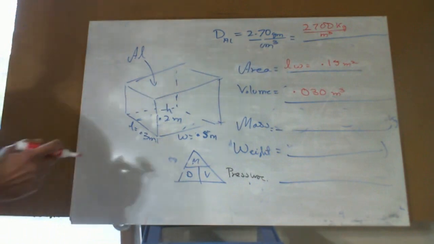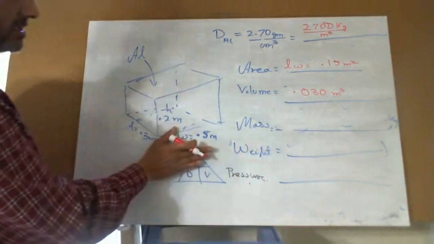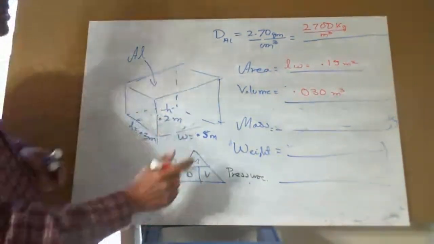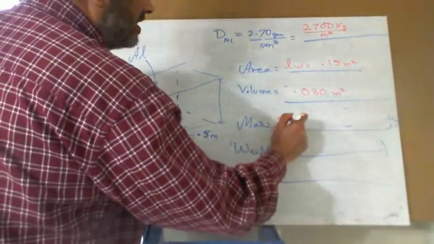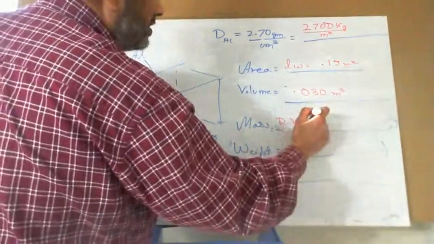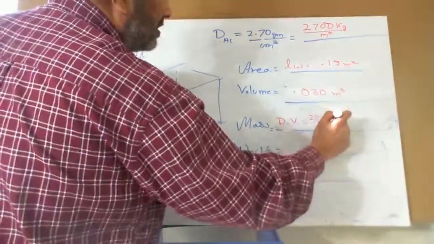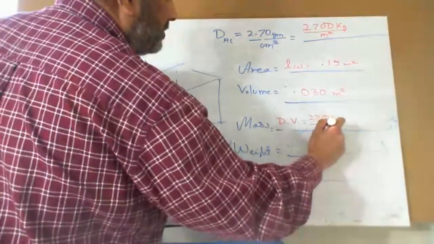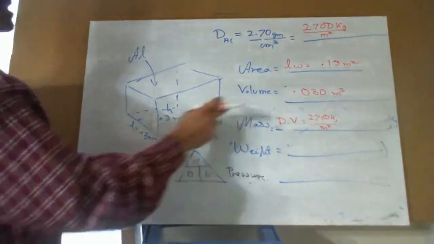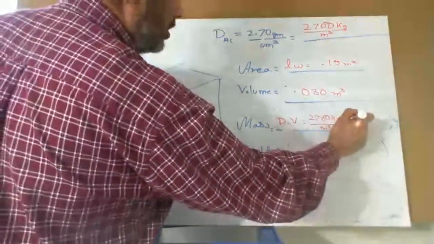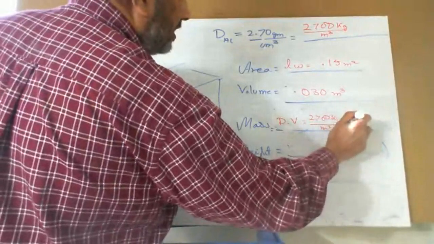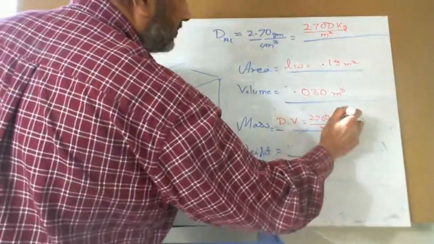And then what is the mass? Mass is density times the volume. And we know the density, which is 2,700 kilograms per cubic meter, and the volume is 0.03 cubic meters.